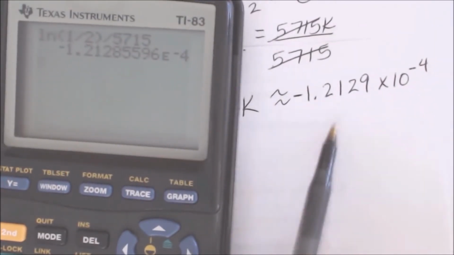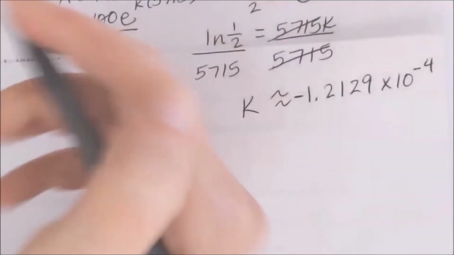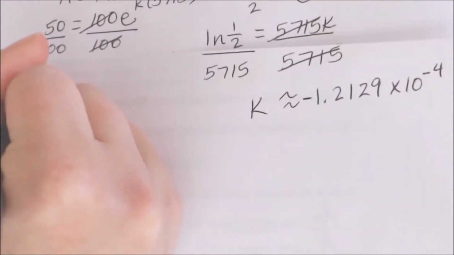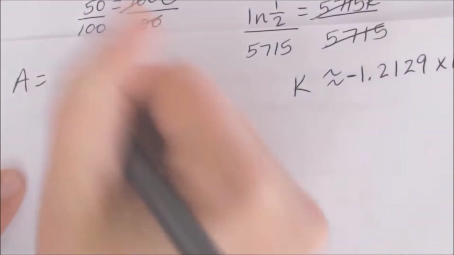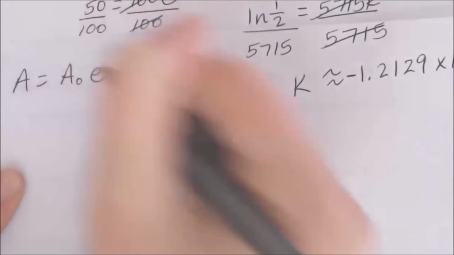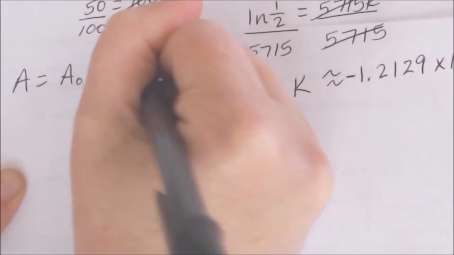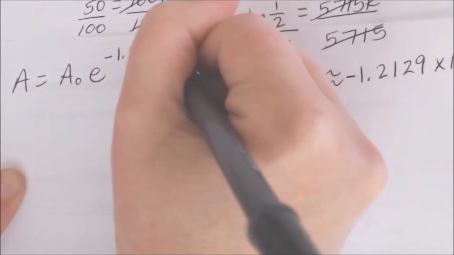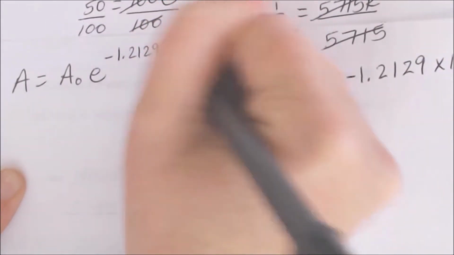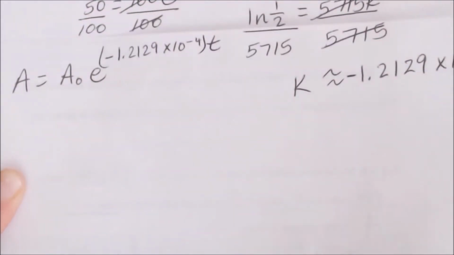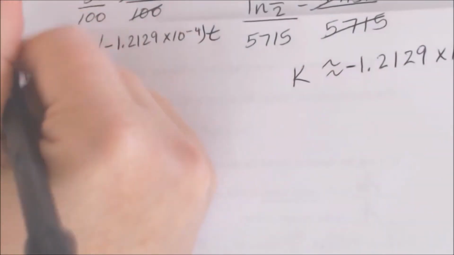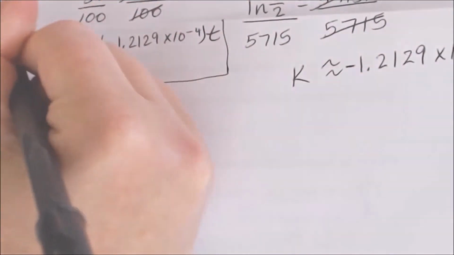So that's our K value. So our model for this is A equals A naught E to the negative 1.2129 times 10 to the negative 4th T power. So that would be the model that represents the decay rate for carbon-14.